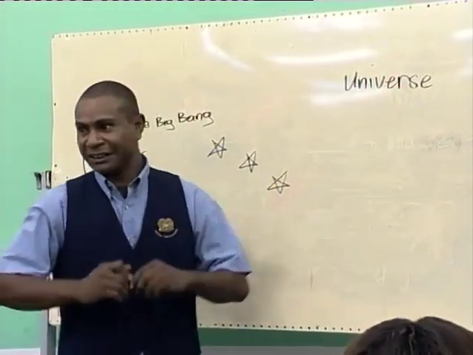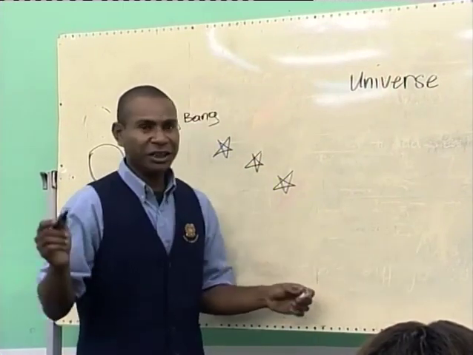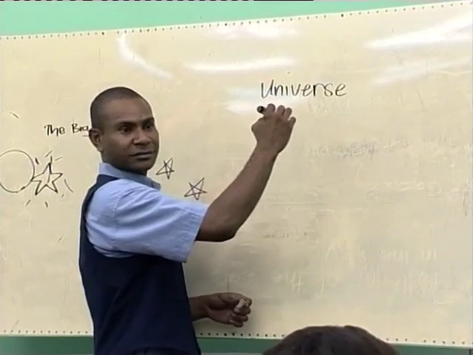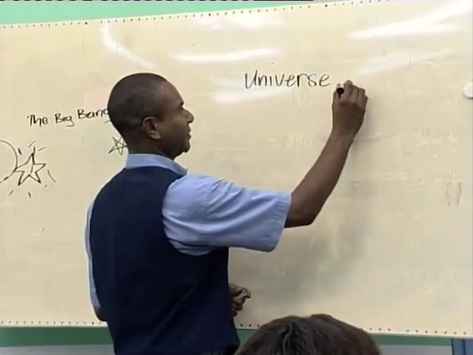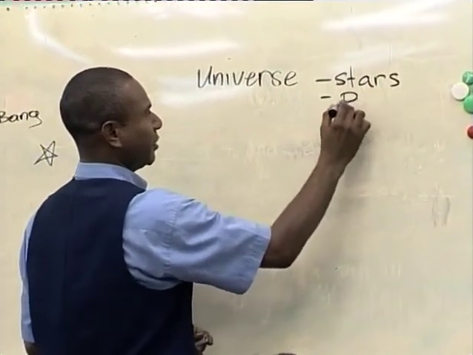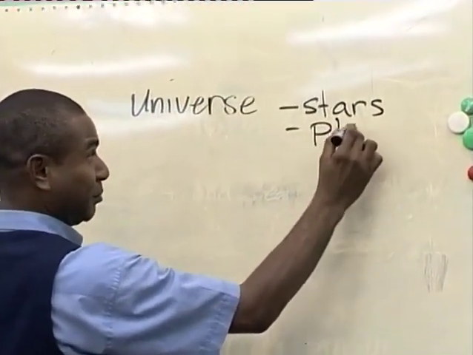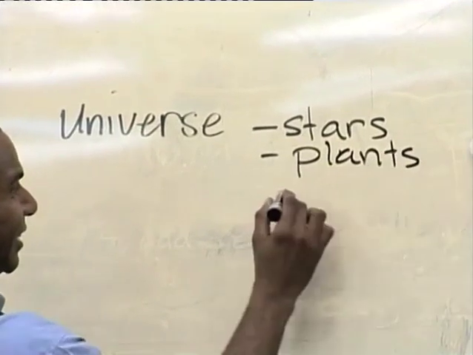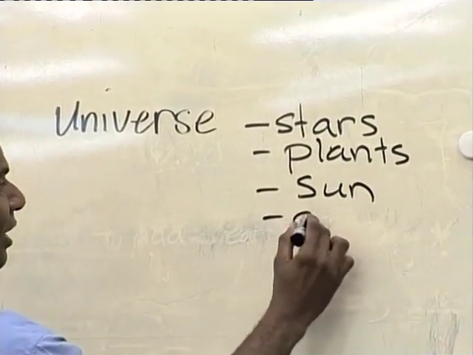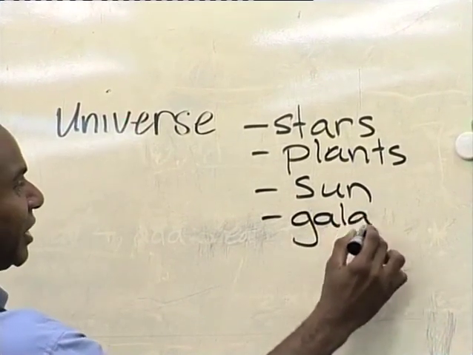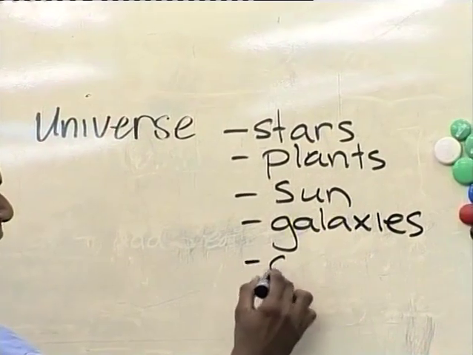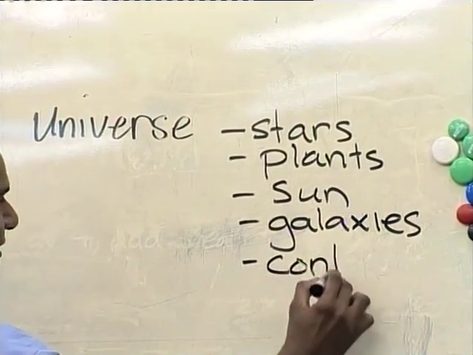Now, let me make it simple. In the universe, there are stars. We have stars. Planets. Okay, somebody said sun. We'll write sun down. And, right, galaxies. Thank you. Constellation.